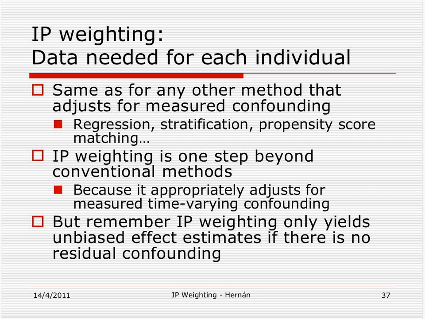This is what I was saying earlier. But I want to emphasize the measured part. IP weighting adjusts for measured confounding. If there is unmeasured confounding, there is nothing we can do. The method will be biased, like any other method in which we try to adjust for confounders but we don't have the information.